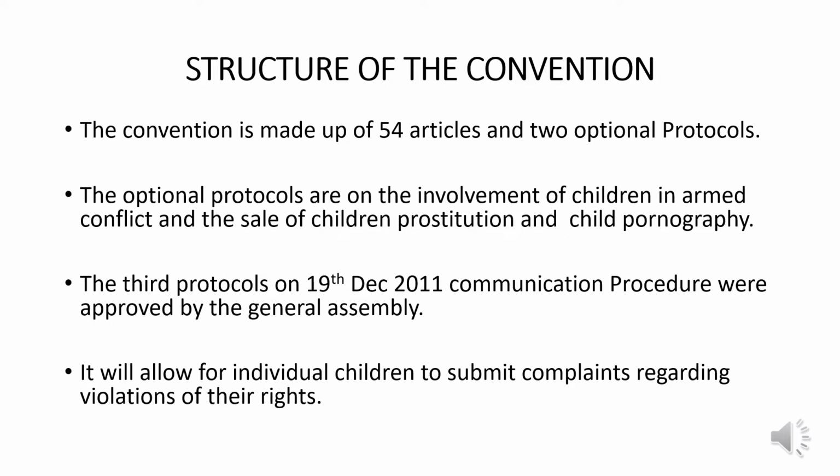The optional protocols are on the involvement of children in armed conflict and the sale of children, child prostitution and child pornography. The third protocol, on the communication procedure, was approved by the General Assembly on 19th December 2011. It will allow individual children to submit complaints regarding violations of their rights.